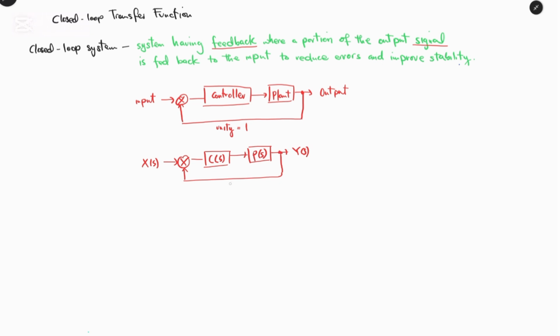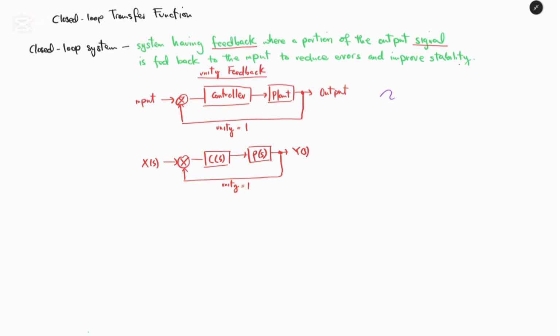So it has a unity feedback having a value of 1. So we are now trying to derive the transfer function of this unity feedback closed loop control system.